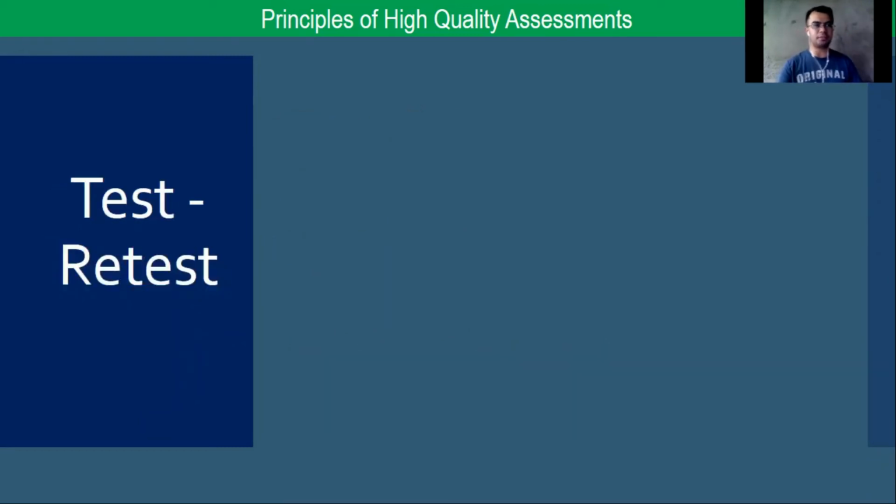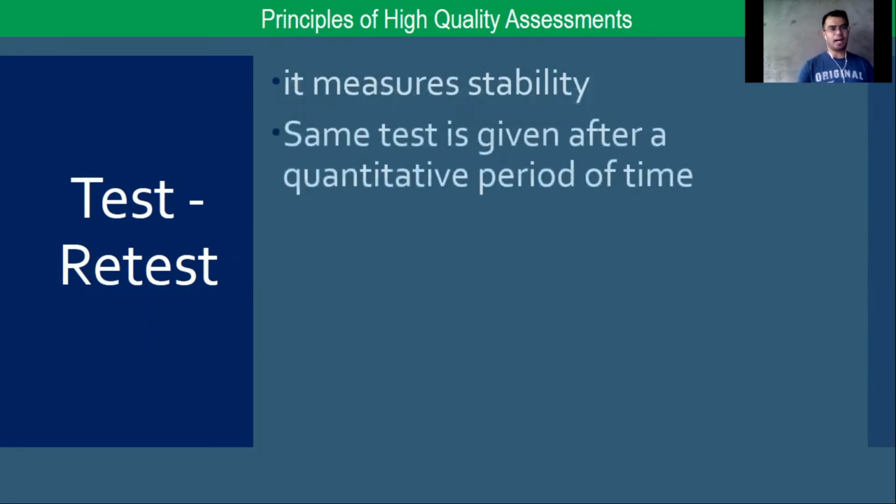Number 1, test-retest. From the name itself, there is a test, and we need to take the test again. That is why it's called retest. Test-retest measures stability. Here you have the same test, only one exam, that will be given after a period of time.